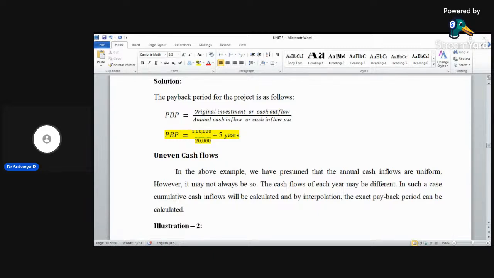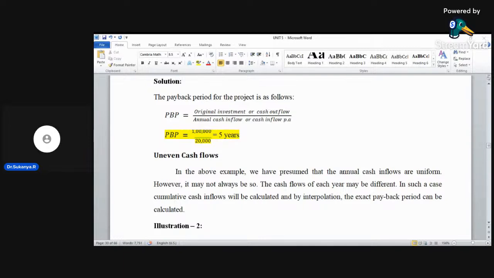Original investment is 1 lakh rupees, the annual cash inflow is 20,000 rupees, and thereby the payback period is 5 years. So, dear students, please keep in mind the first way of identifying payback period is by using the formula original investment divided by annual cash inflows.